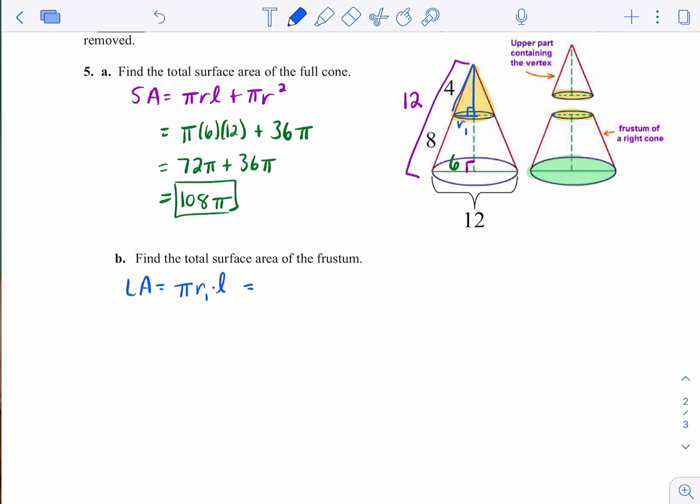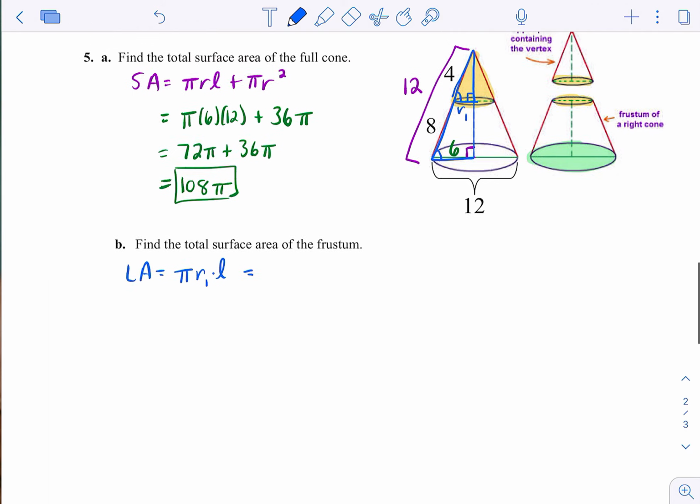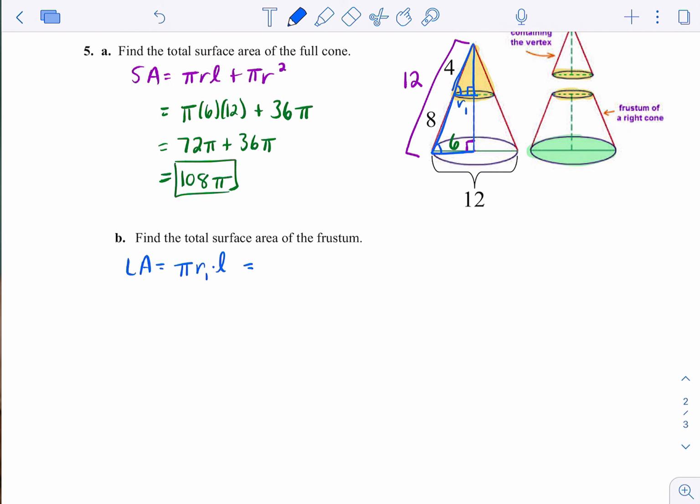If I think about extending the triangle downwards, remember that we sliced parallel to the base, and so we have parallel lines. We could do corresponding congruent angles. Those triangles are similar by angle-angle similarity, so we have similar triangles. So I could use a proportion to figure out the missing radius.